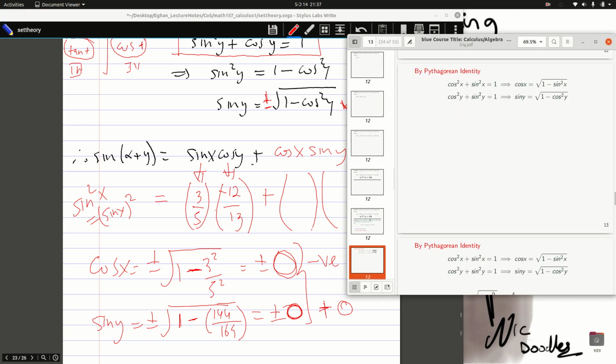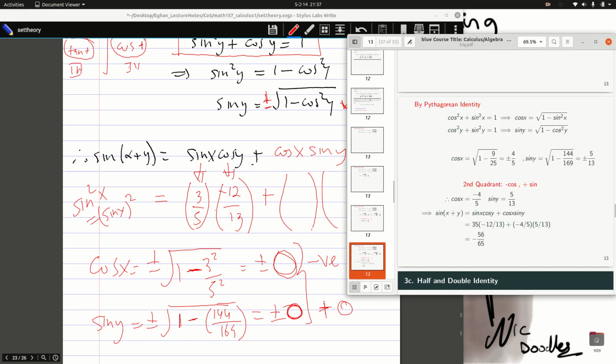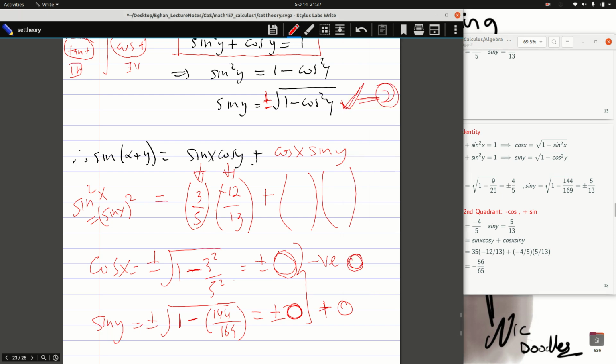If you go through this calculation, cos is giving us plus or minus 4 over 5, and then sine is giving us plus or minus 5 over 13.